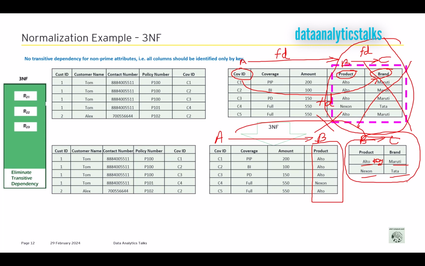Do you understand? So what are we doing in 3NF? No transitive dependency for non-primary attributes. All columns should be identified by the key. So we eliminated transitive dependency and we got the 3NF.